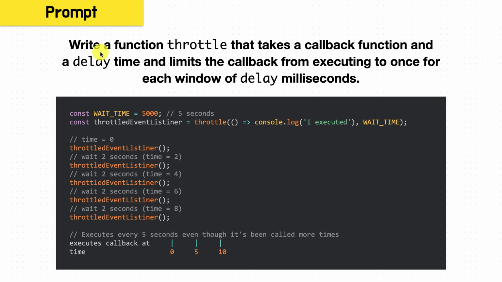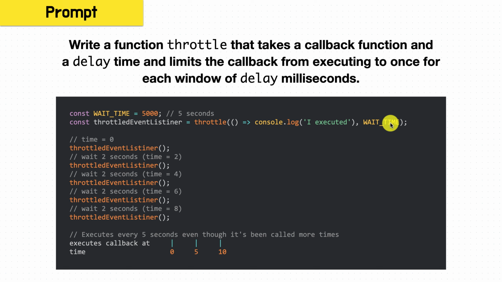The prompt states, write a function throttle that takes a callback function and a delay time and limits the callback from executing to once for each window of delay milliseconds. So the wait time here is going to be 5 seconds or 500 milliseconds. We call throttle, and the callback is simply going to be a console log, and we pass in the wait time.